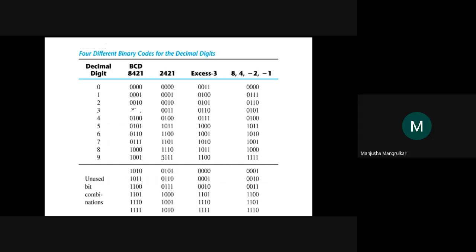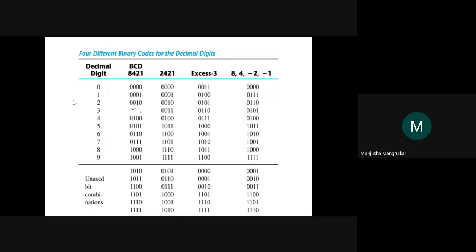So these are the 8421, 2421 different coding systems, 8 4 minus 2 minus 1. Excess 3. Excess 3 means BCD plus 3. So 0 of BCD is 3 in excess 3. 0 of the excess 3 number starts at 3 of BCD, right?